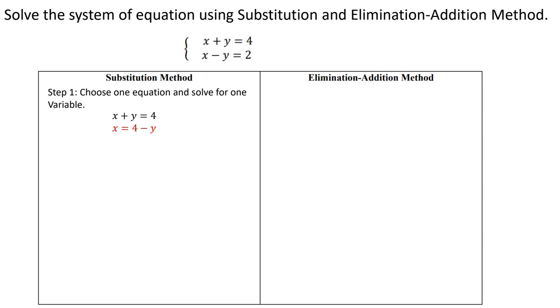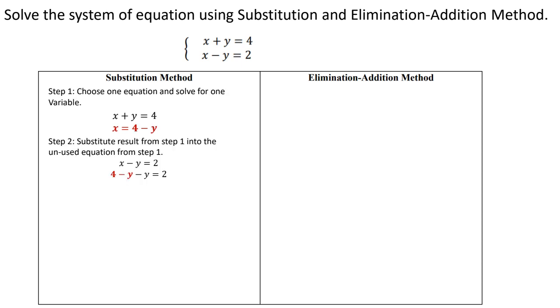So what I'm going to do now is substitute that into the second equation. Everywhere I see x, I'm going to plug in 4 minus y. So if you see here, I have it in red. Where x is 4 minus y, then I have 4 minus y minus y is equal to 2. So then I'll combine my y's. I have -2y.